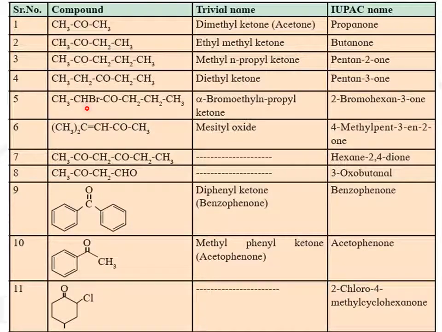Hence it is ethyl. The other alkyl part is n-propyl, and at the end use the word ketone. Hence its name is alpha bromo ethyl n-propyl ketone. For writing the IUPAC name of this compound, we have to consider this carbonyl group, as we have to start the numbering from that end which is near to the carbonyl carbon.